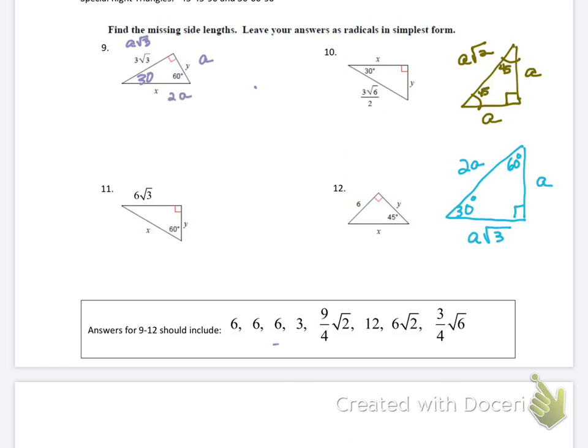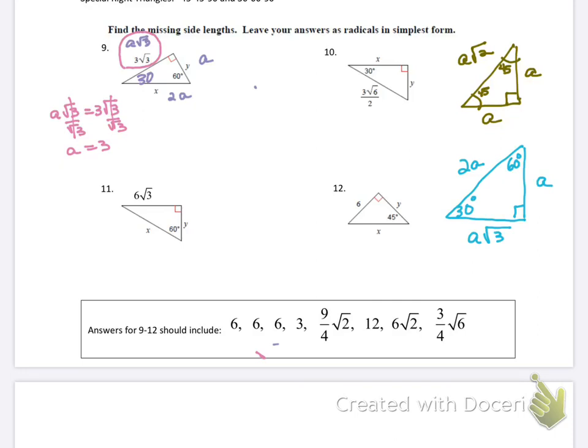So then what I have been doing when I work with you on Zoom was I said, okay, let's find the relationship that's set up, and there it is. So what do I see? I see that A root 3 has to equal 3 root 3. In each of these problems, you need to find A. That's going to let you solve the other sides of the triangle. So get A by itself. A ends up equaling 3.